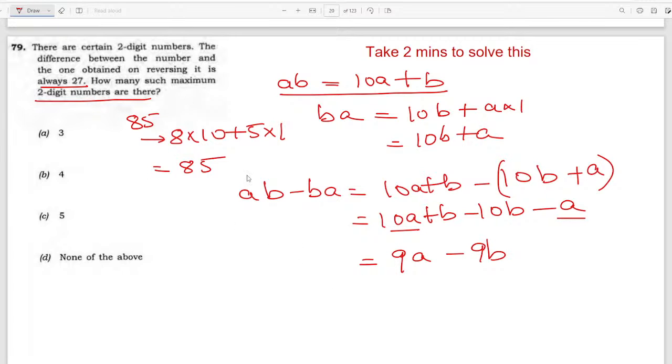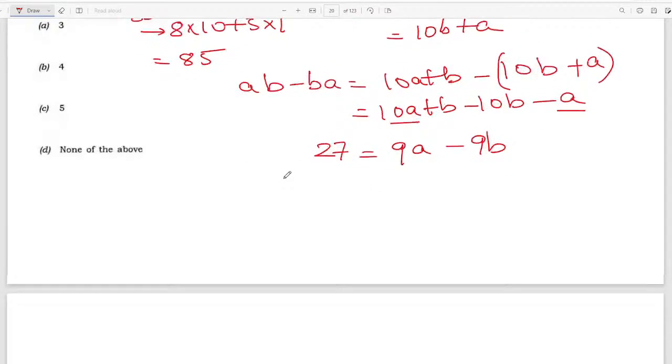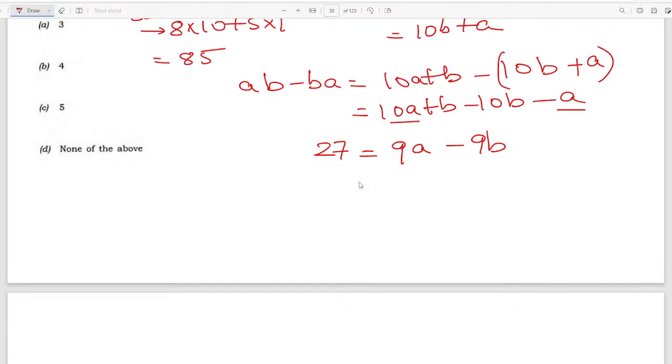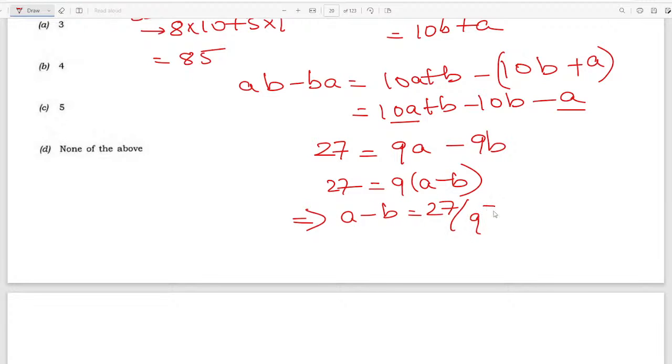And the difference is 27. So 9 into A minus B is equal to 27. This implies A minus B is equal to 27 by 9. This is 3. A minus B is 3.